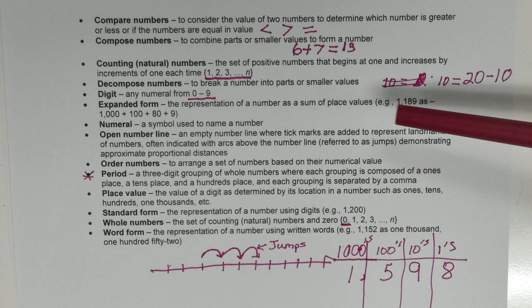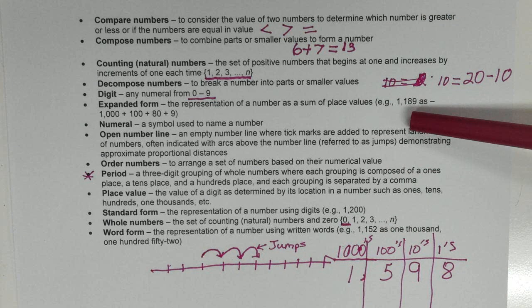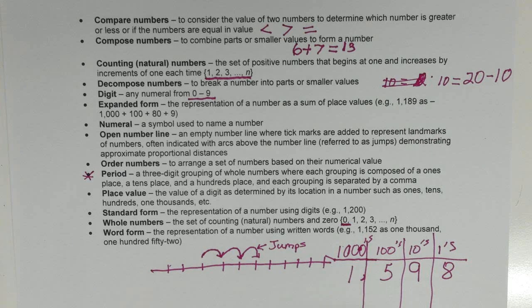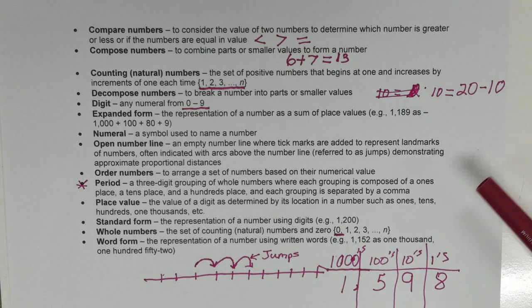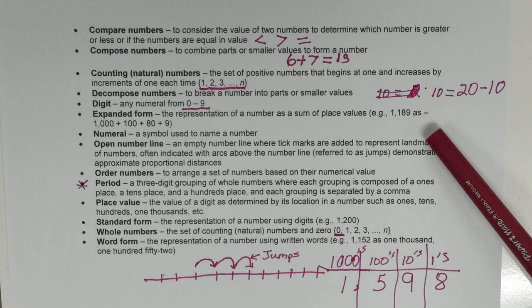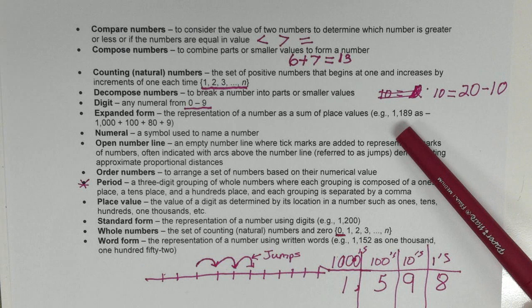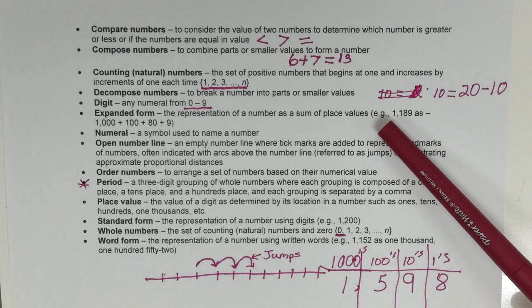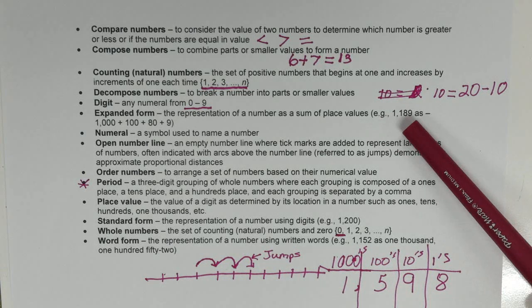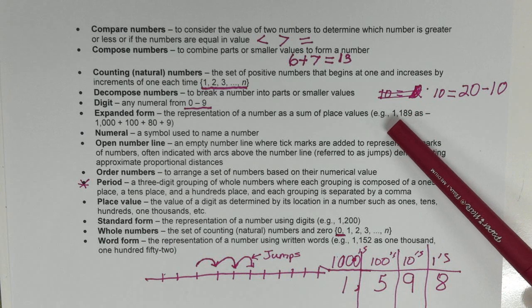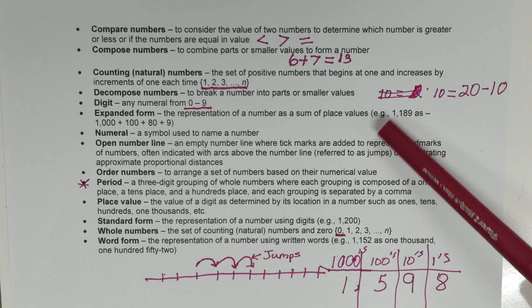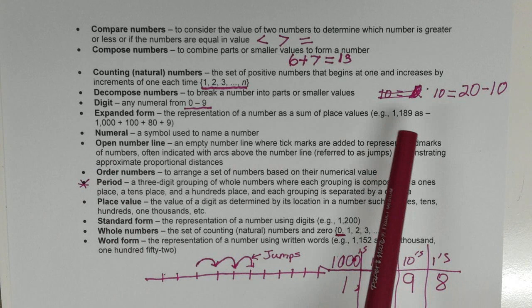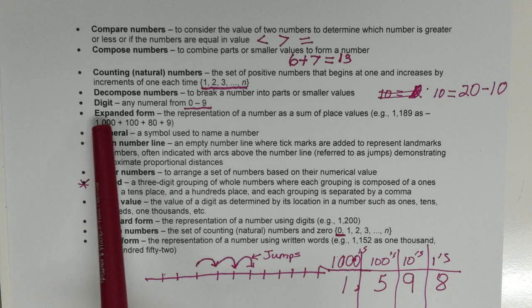Now, expanded form. I know you remember how to do expanded form: the representation of a number as a sum of place values. So we have 1,189. What's the place value? First we have ones, tens, hundreds, thousands. So the first one is thousands, and there's only one of those, so it's 1,000.